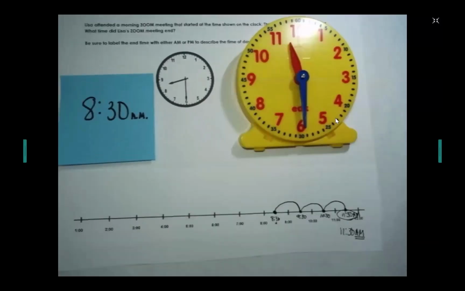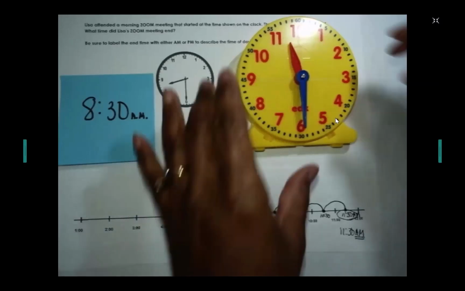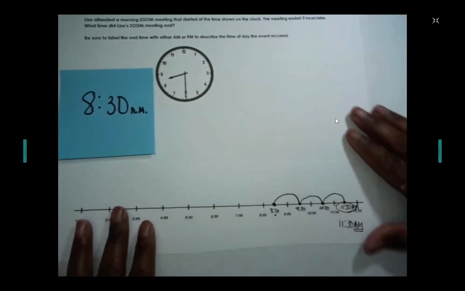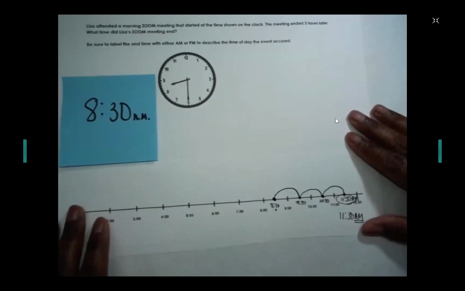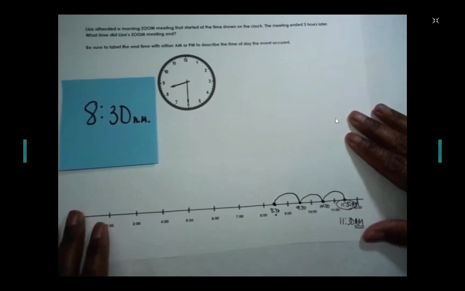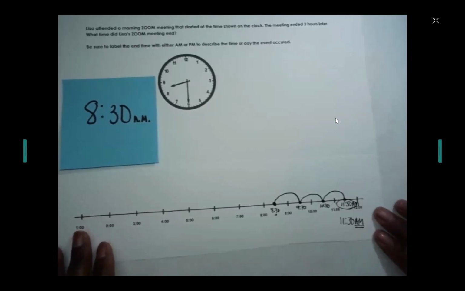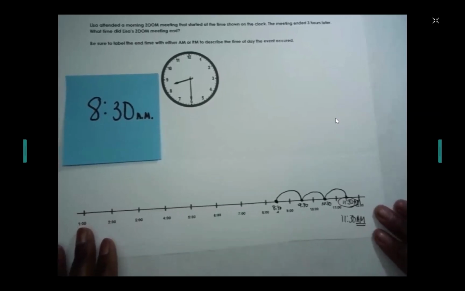Now, as students move from the concrete to the representational, students will begin to just use the timeline or number line to help them solve elapsed time problems. And those problems can be elapsed time where the end time is unknown, the start time is unknown, or the elapsed time is unknown.